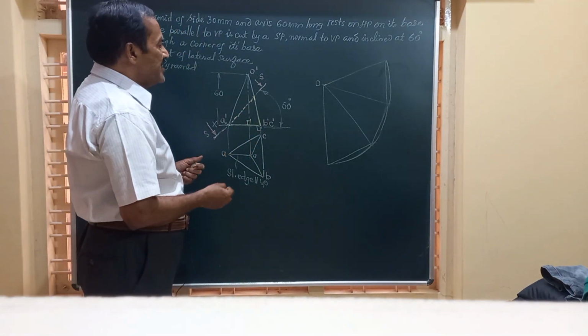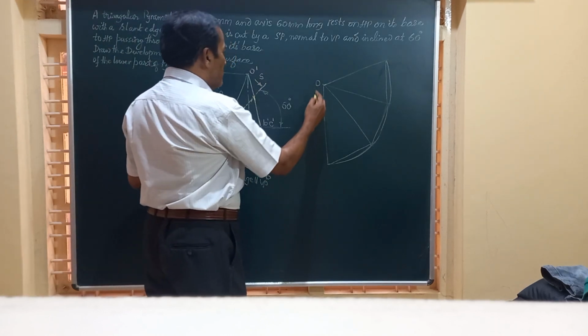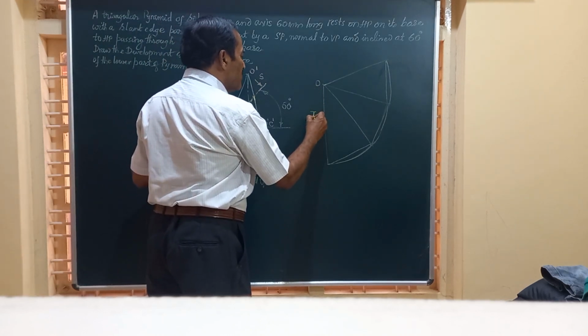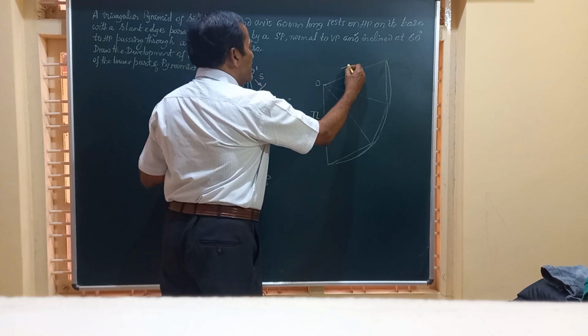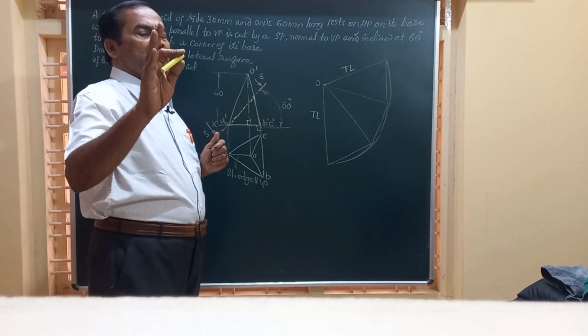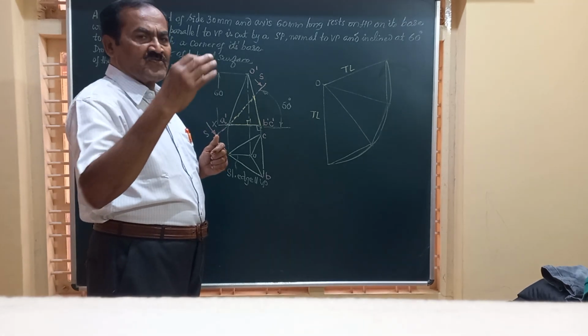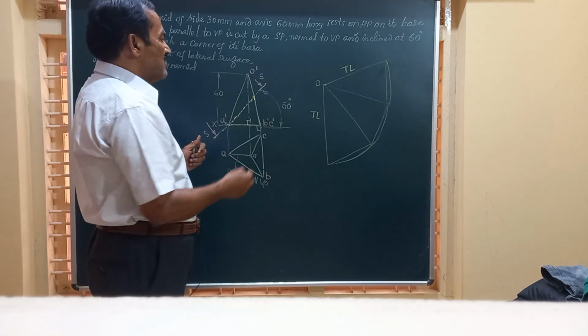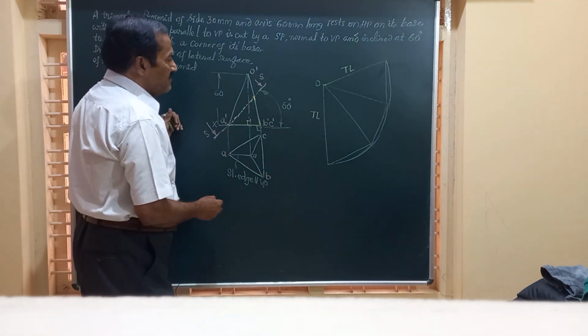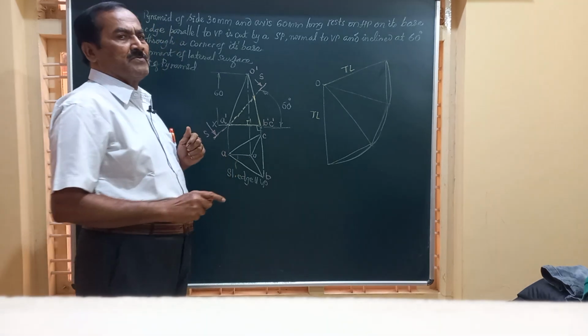So friends, what I do now, I will start the development here by obtaining the true length. You know very well friends, any development of any solid is always drawn to true size, or we make use of true dimensions of the edges to obtain the development. Here if you observe the top view, OA is parallel to VP.